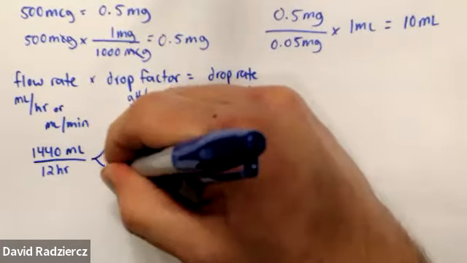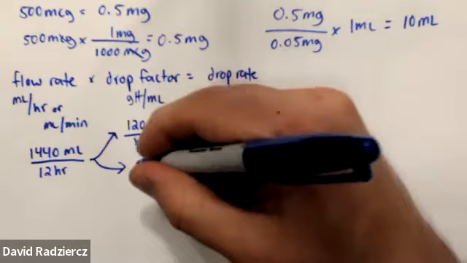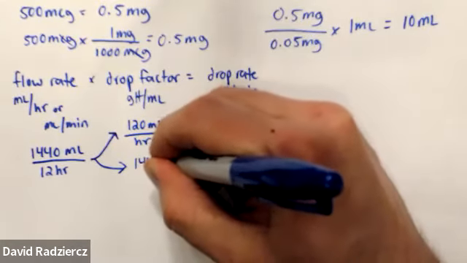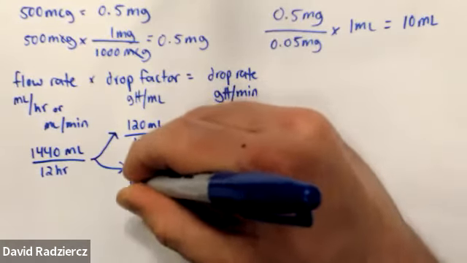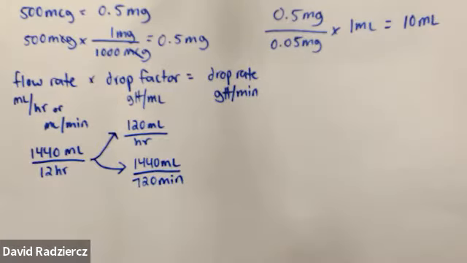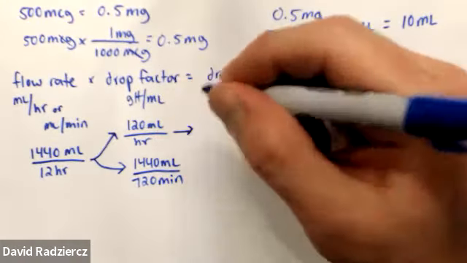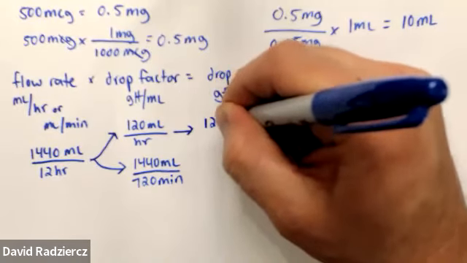Or you can convert hours to minutes. So 12 hours times 60 minutes, and you can write this as 1440 mL over 720 minutes. So either way, you're going to get to the same answer, okay? If you do this, just make sure you convert hours to minutes.